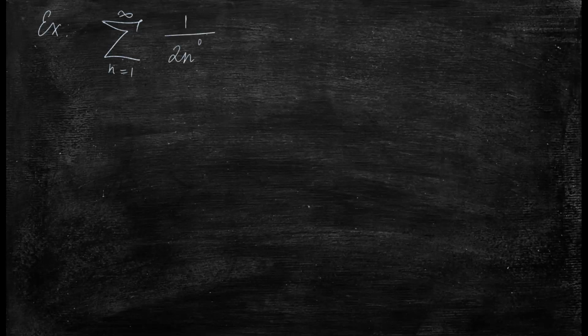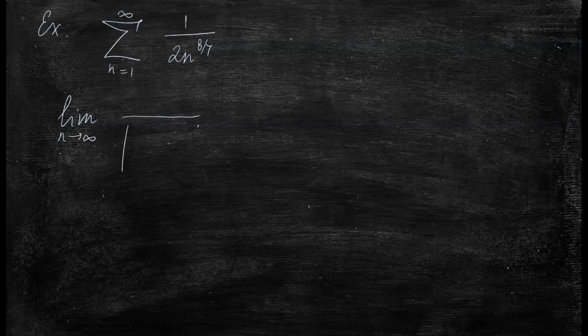And I'm not saying that the ratio test is the best test for this problem, but let's still go ahead and apply the ratio test just to see how it may work out sometimes.